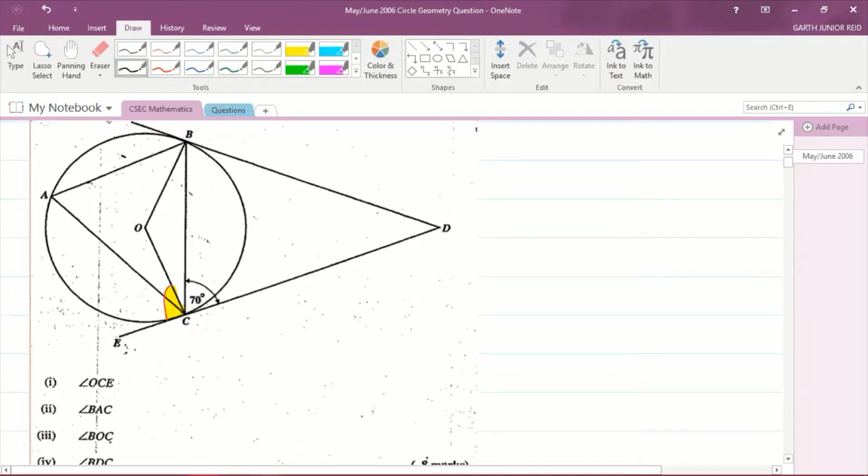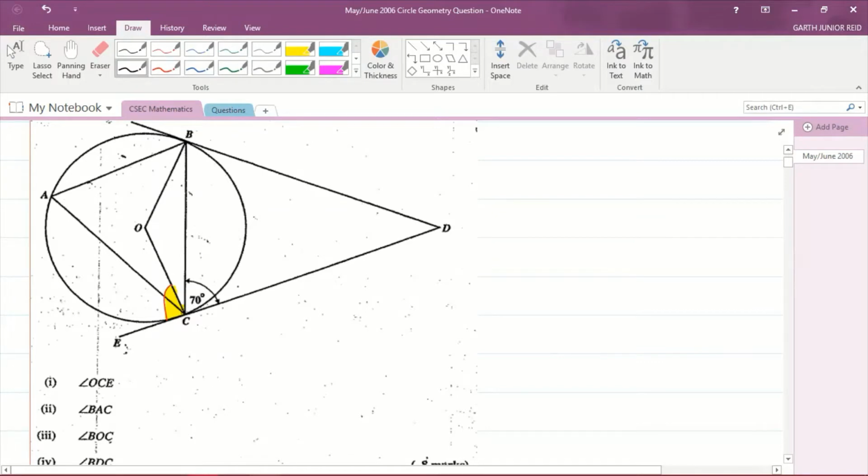Well, you should notice that we have a tangent, DCE, and it touches the circle at the point C. C is what we call the point of contact or the point of tangency, so that is important.